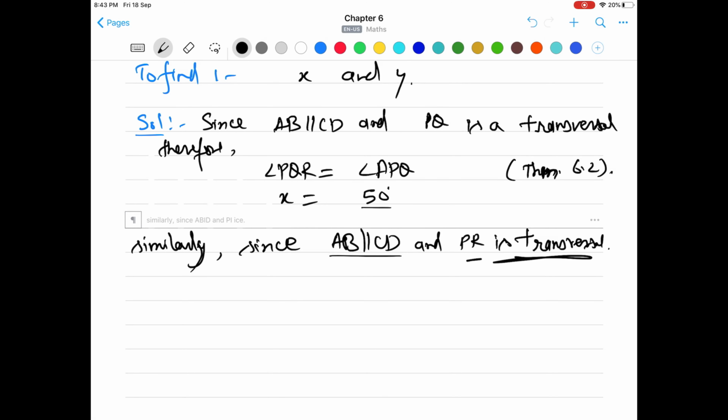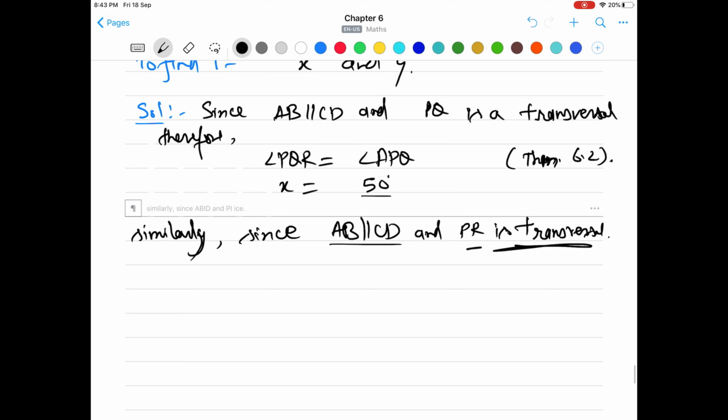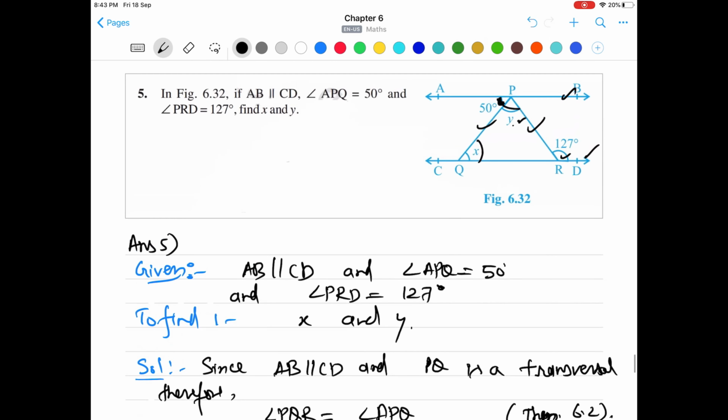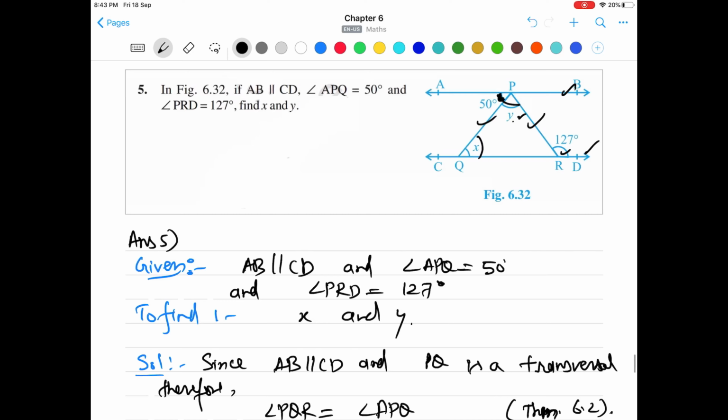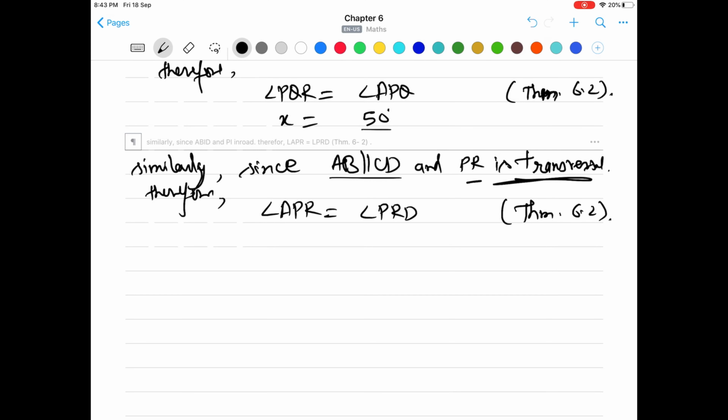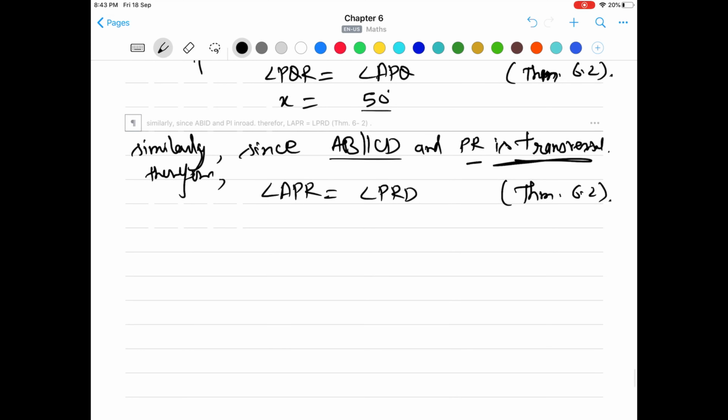So AB is parallel to CD and PR is a transversal. Therefore the angle PRD and angle APR will be equal. Angle APR will be equal to angle PRD. This again by theorem 6.2, the alternate interior angles of a transversal will be equal.